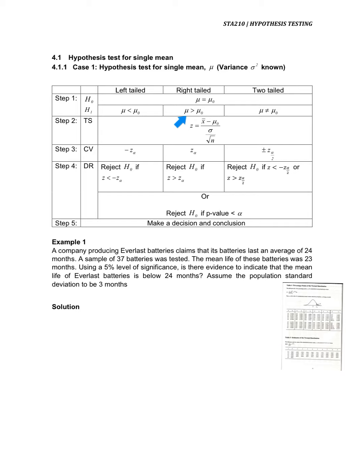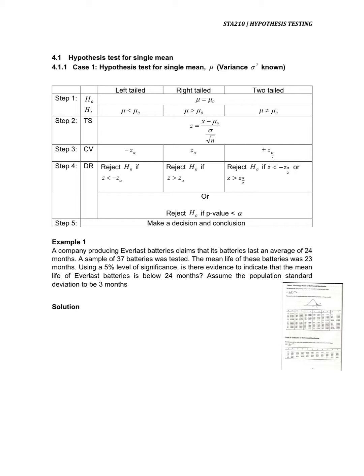If right tail, you write mu greater than mu naught, and if two tail, we use the symbol mu not equal to mu naught. You will decide which kind of test to use, either left tail, right tail, or two tail, based on the question.